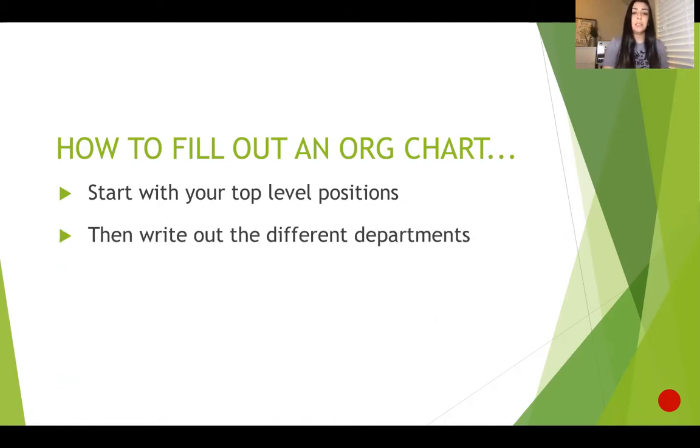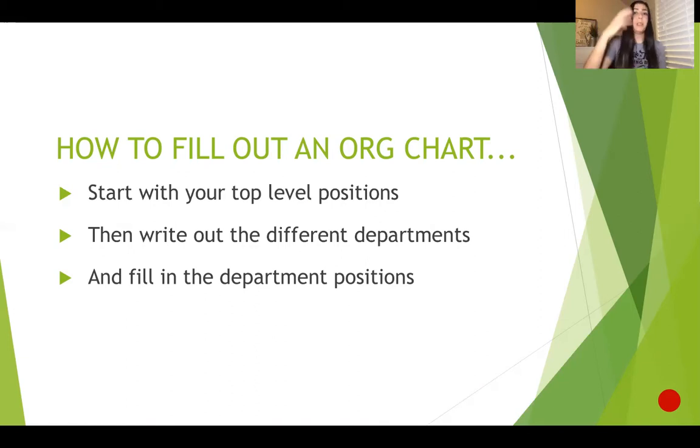And that's the next thing, is we want to write out all of the different departments. So you start with the top level positions, then you fill in all of the departments that are going to come below that, all of the departments that that top level position is going to oversee. After that, you're going to fill in all of the department positions. So within each department, what are all of the positions? So again, you might start with the CEO or owner or whatever you want to call yourself, essentially.